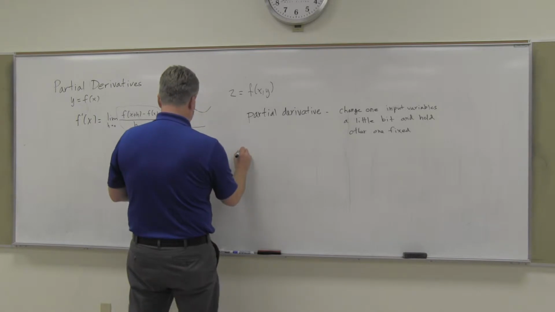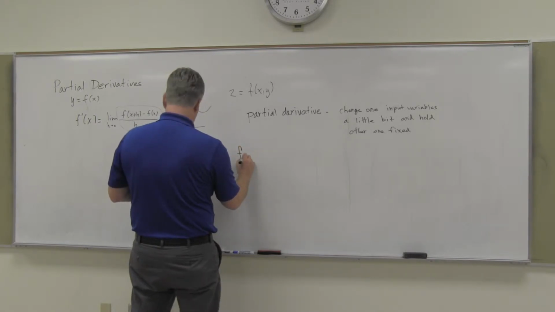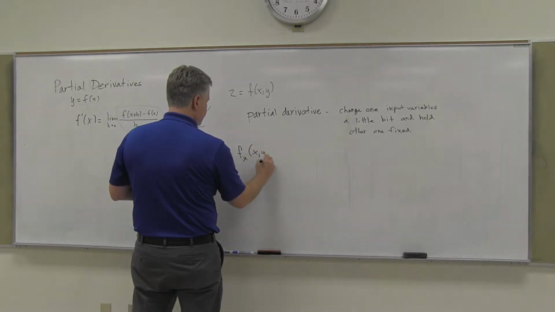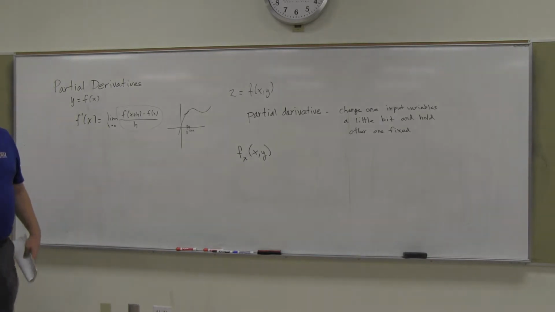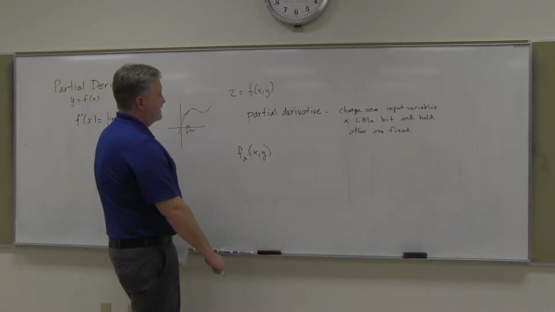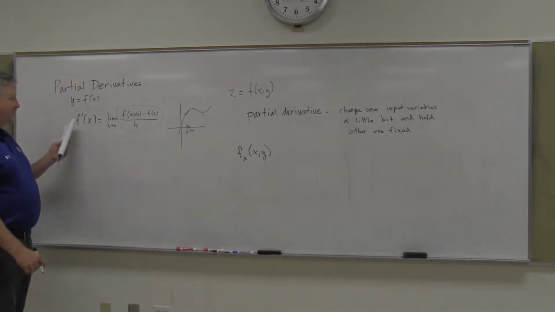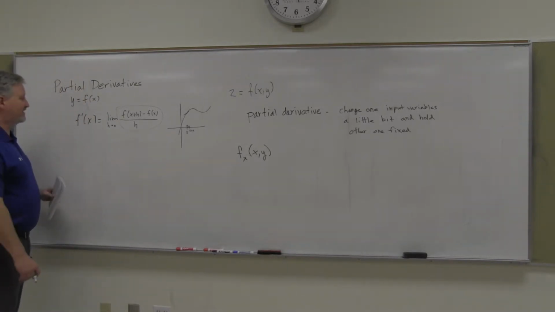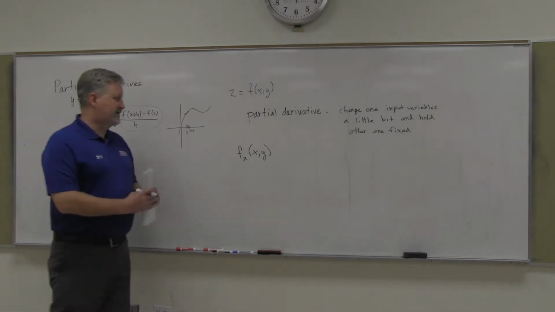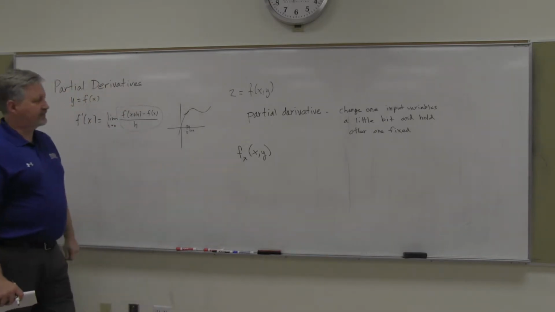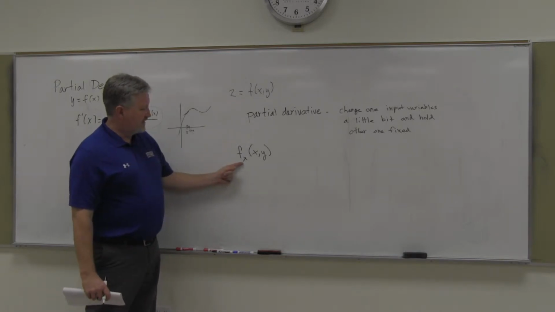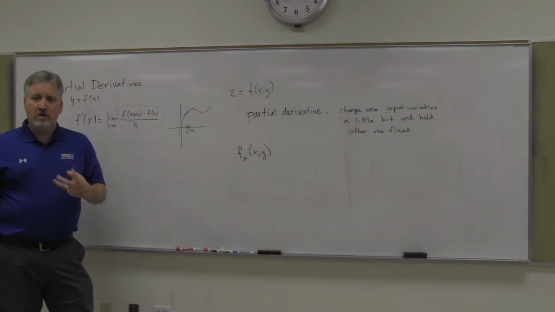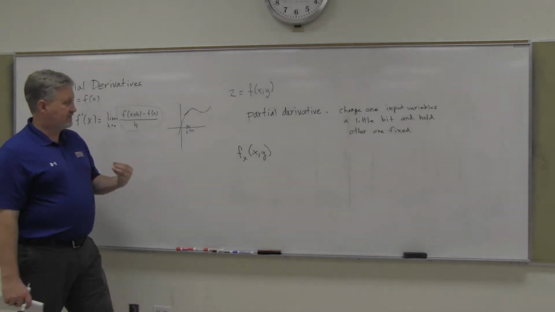So here's our notation, or one of the notations. We're going to do a couple of them, like we did with our other regular derivatives, where we said this could be dy over dx also. Here's one way we will denote this. We've got function f, and the little x subscripted there tells me which one I'm doing the derivative with respect to.